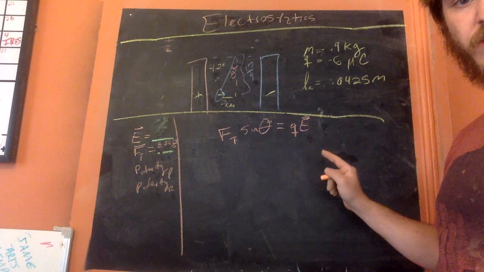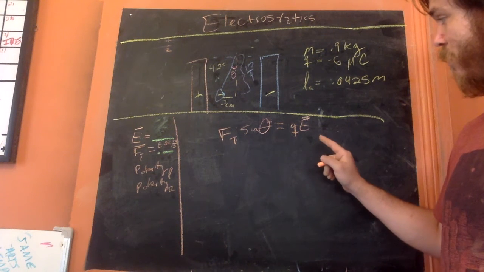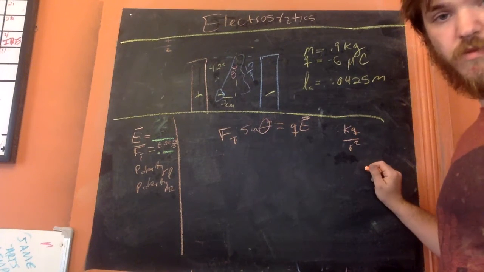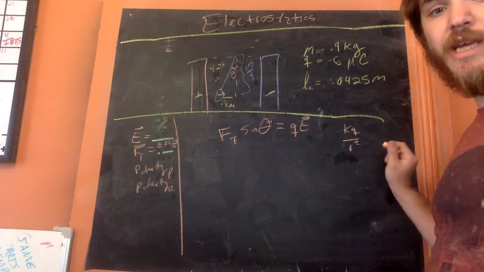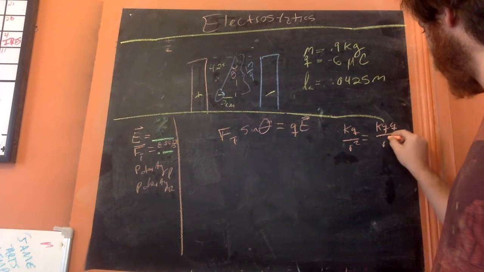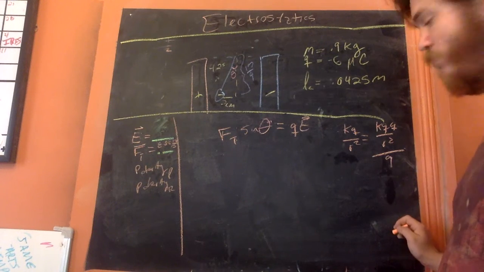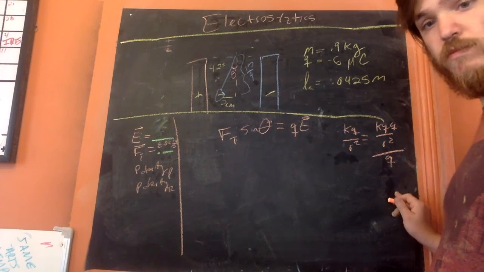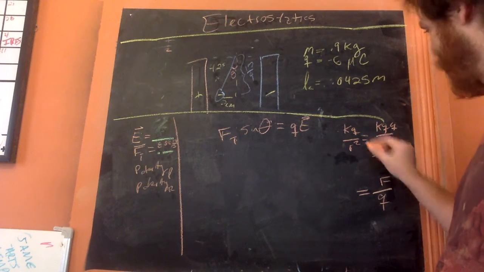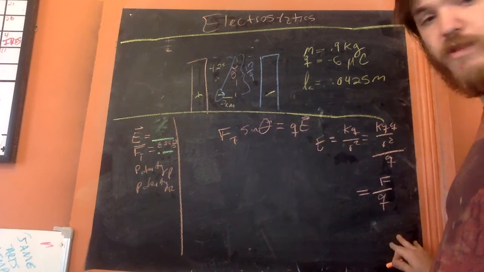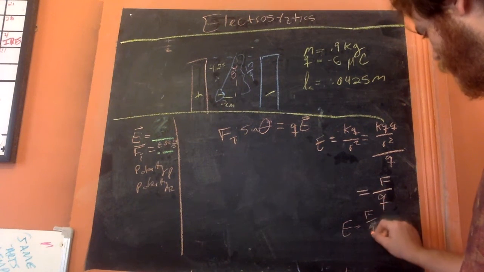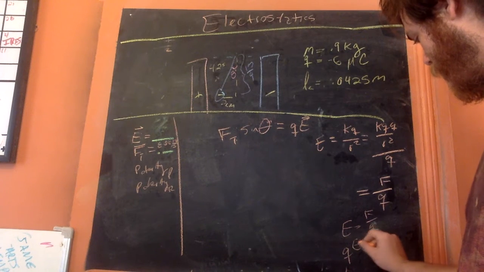But the equation for a field is kq over r squared. And just by looking at the units, we know that this is equal to kqq over r squared over q, which is actually equal to the force divided by q. And then that means that E equals F over Q. So QE is equal to F.